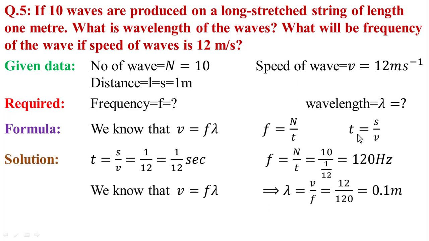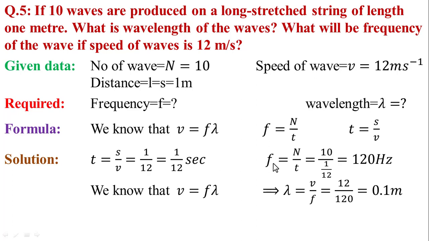First of all, find the time. t is equal to S upon v, distance over speed. Distance is equal to 1 and speed is equal to 12. Then time t is equal to 1 upon 12 seconds.